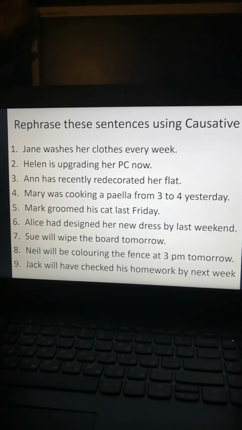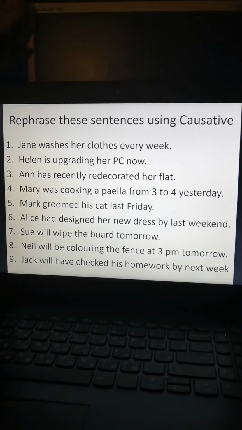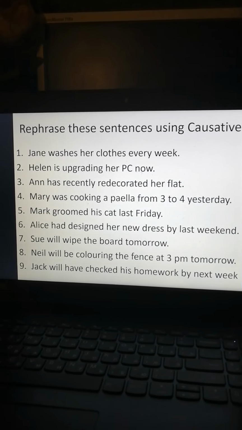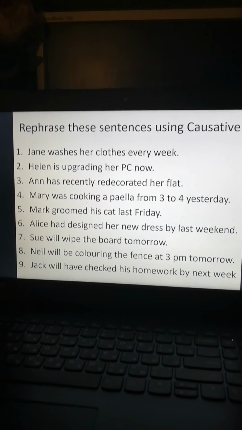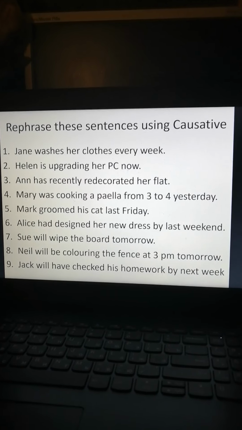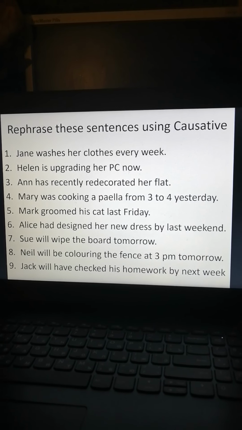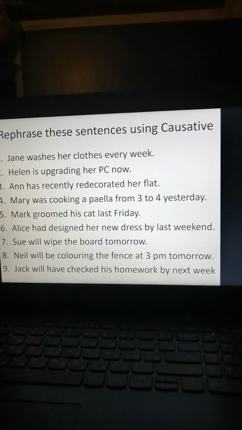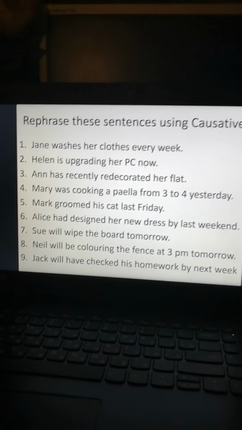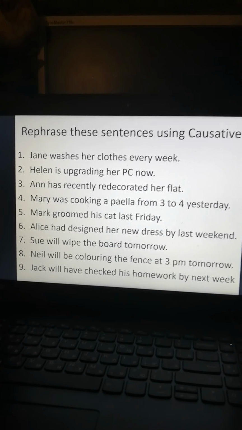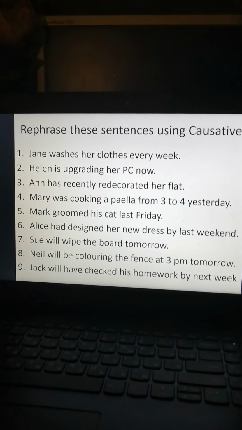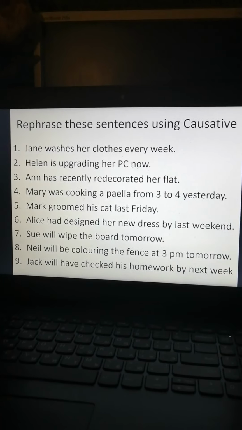And now let's move on to practice. So, here are 9 sentences. Press the pause button and rephrase them in the causative. Okay, now let's check it up. Jane washes her clothes. How can we say that in the causative?